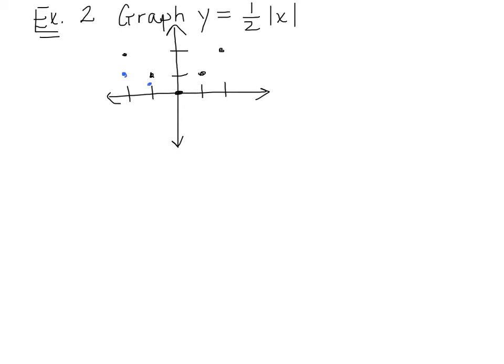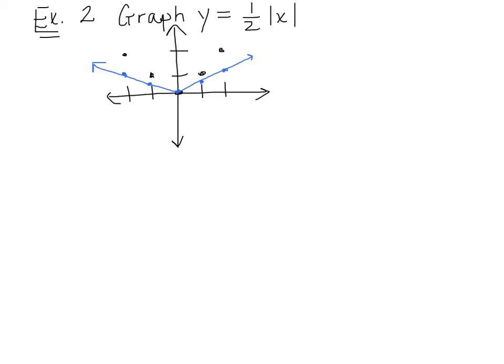This one doesn't change because that's 0. This is 1/2, and this is 1/2. And if you notice, just think about it, we have compressed it and like smushed it and reduced it to 1/2 its size. So that's a vertical compression.